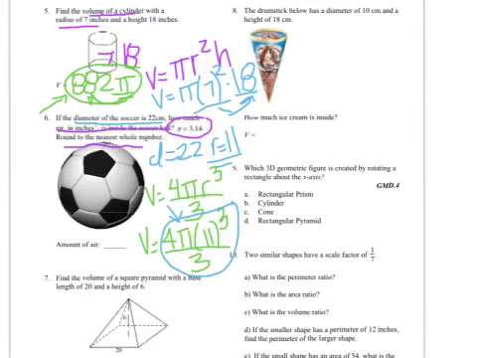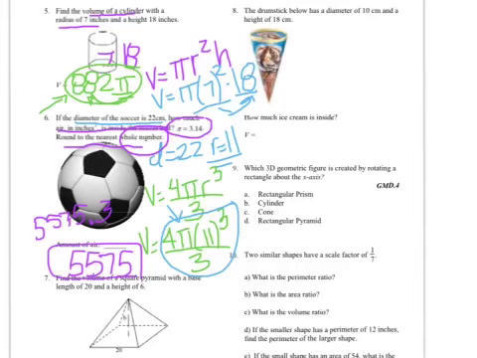When you do that, I get 5,575.3. And when they say the nearest whole number, I'm going to round this like a dollar to 5,575. That's how many cubic inches of air would be inside that soccer ball.